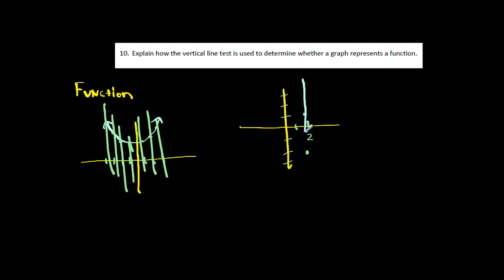What happens? It hits more than one place. That just shows you that it's not a function. So the vertical line test is a test that if you draw a vertical line through a graph, if it hits more than one place, it's not a function. If it only hits one place, no matter where you draw it, it's a function.